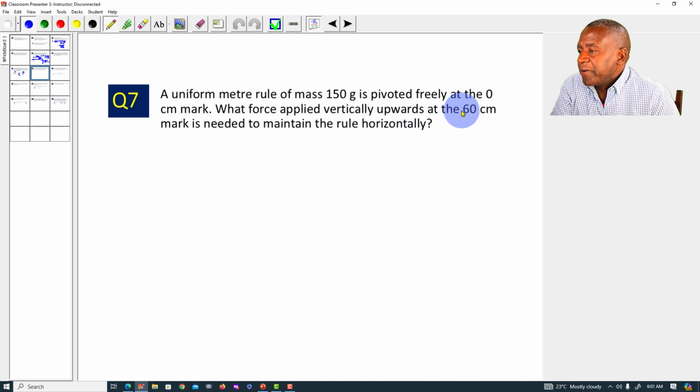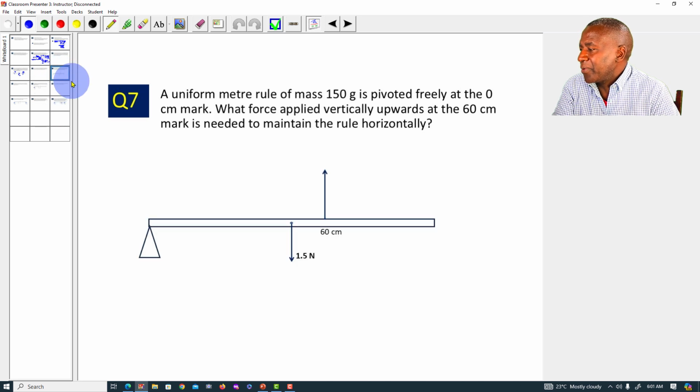It is pivoted freely at the 0 centimeter mark. What force applied vertically upwards at the 60 centimeter mark is needed to maintain the rule horizontal? Very simple. It's balanced at the 0 centimeter mark.